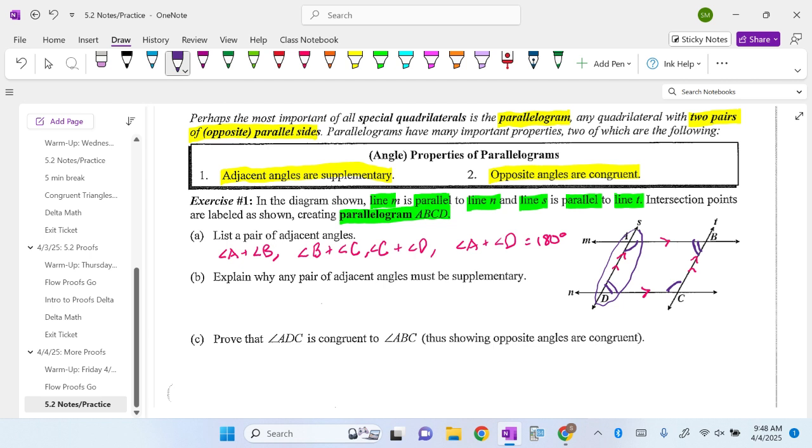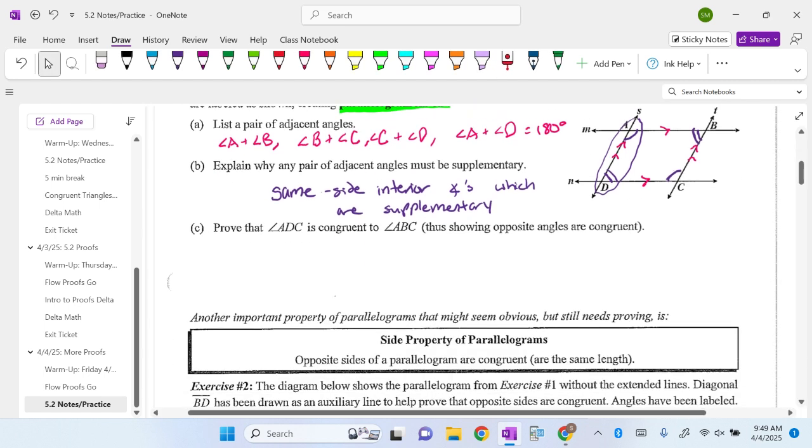Same side interior. What's true about same side interior? They're supplementary. So the main reason is that all of these are same side interior angles, which are supplementary. All right.